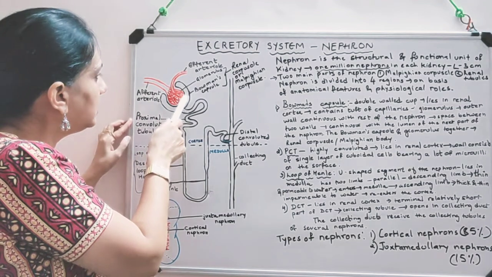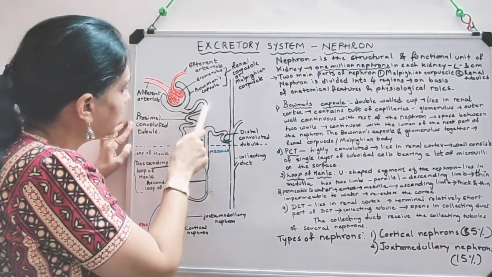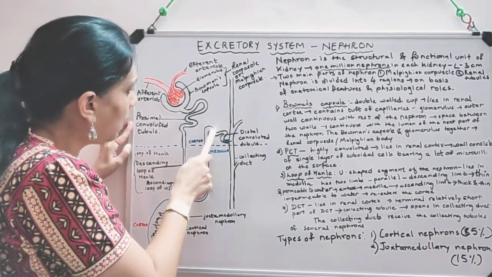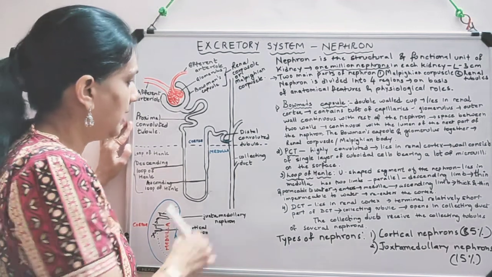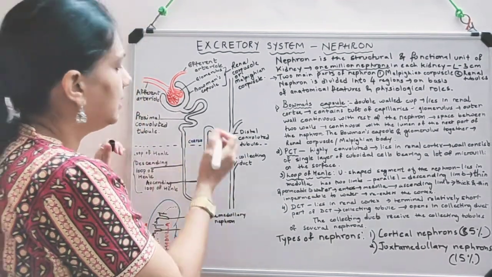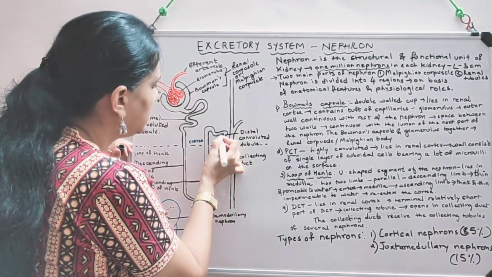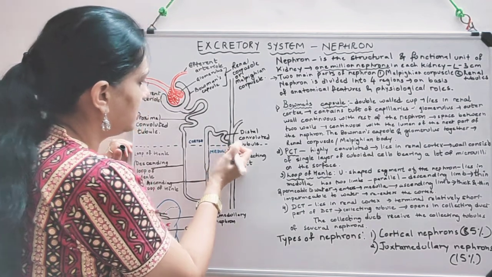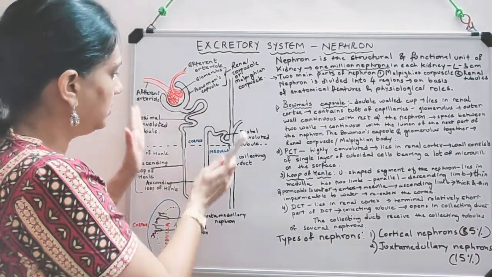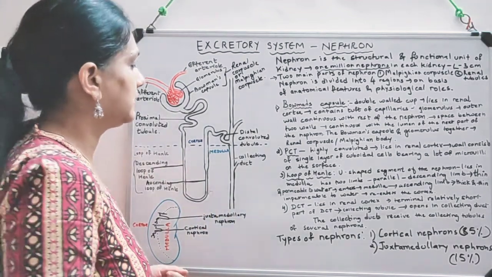After this renal corpuscle, the whole thing is like a tube, and this tubular structure is the renal tubule. Now on the basis of anatomical features and physiological roles, the whole structure can be studied under four headings.